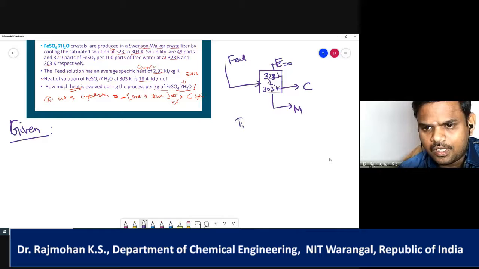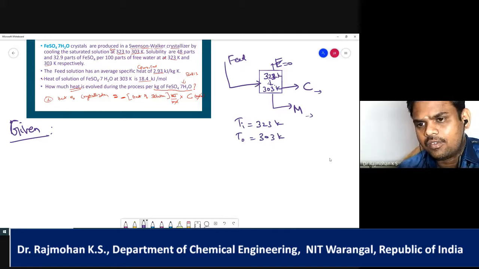Let me say Ti equal to 323 Kelvin. T output, because when it is cooled to 303, both the mother liquor and the crystals are going to leave at the output temperature of 303 Kelvin. That we should understand. Whatever is the operating condition, the product is formed at 303, so this will leave at the temperature of 303 Kelvin only. That's why T output is 303 Kelvin.